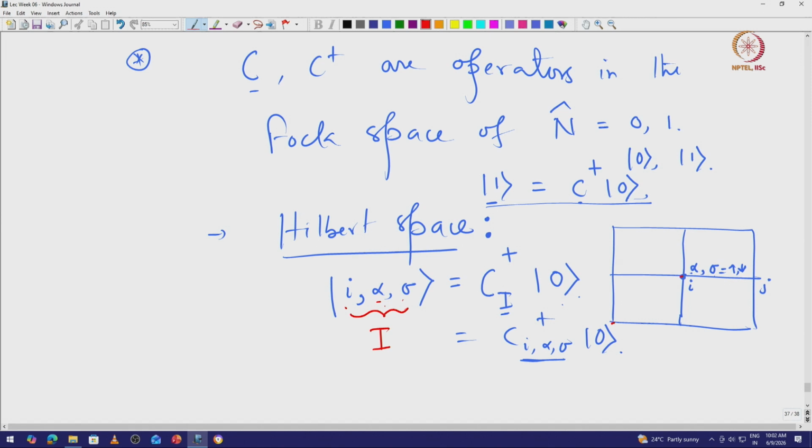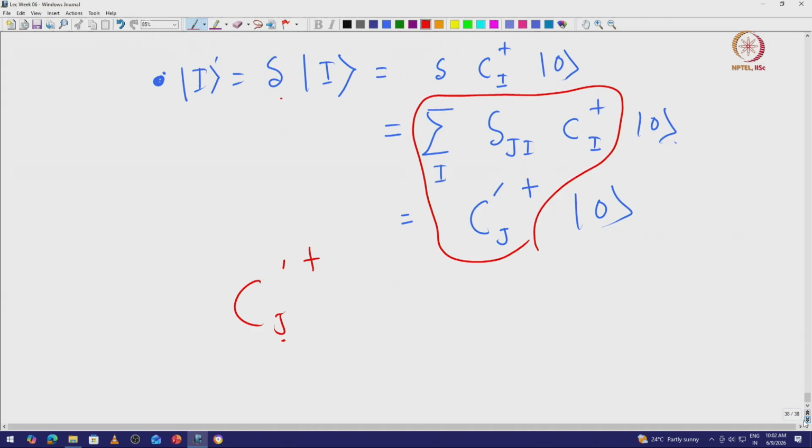So it will just act on this state and won't change these things. So it will just take i to minus i. Or if I have, for example, time reversal symmetry for spin half, it will take an up spin to down spin at the same site I. So that is what the I to J transformations do, and we will take an example today to show that.